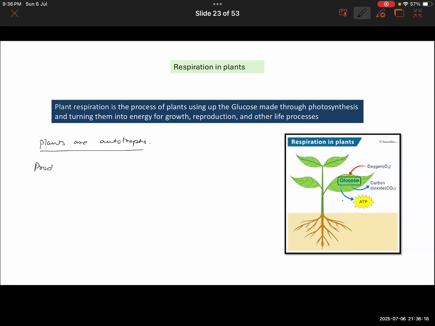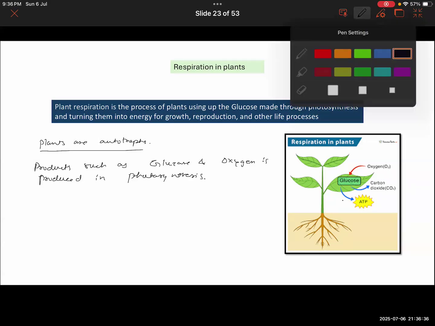So products such as glucose and oxygen are produced in photosynthesis. Now what should the plant be doing?